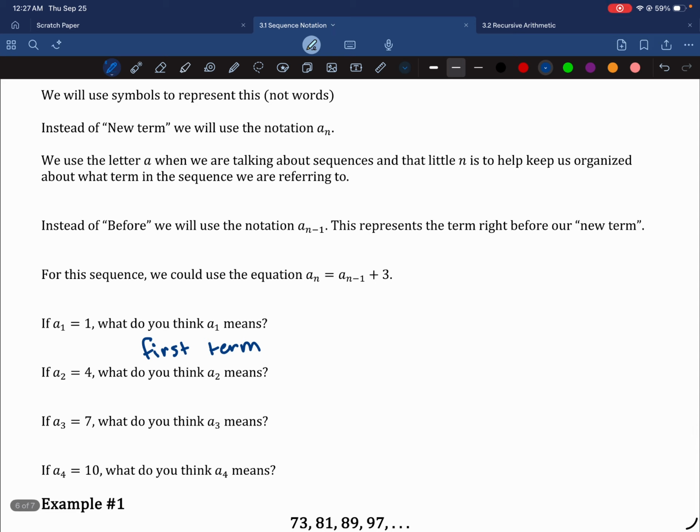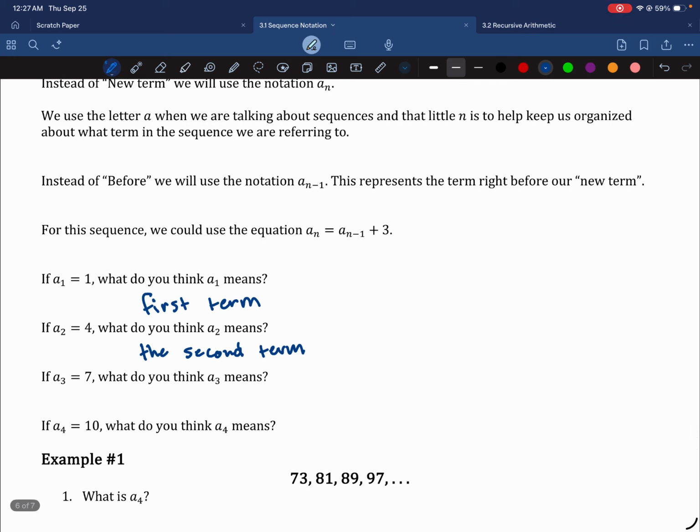Then, if I have something that says a sub 2, like I do down here, that's the second term. Okay, a sub 3 would mean this is the third term. So hopefully you're starting to see a pattern here. A sub 4 would mean that's the fourth term.